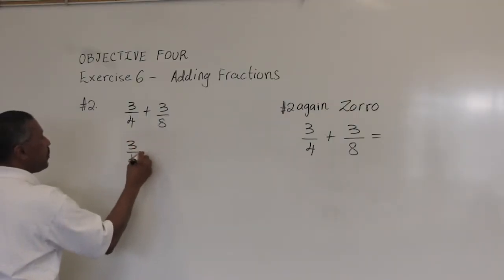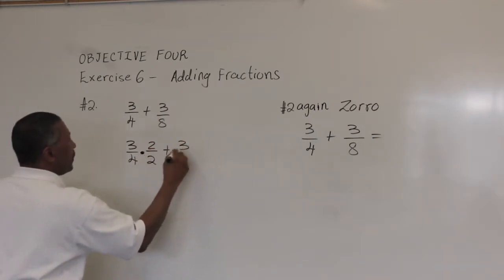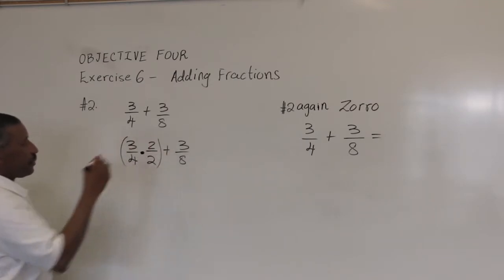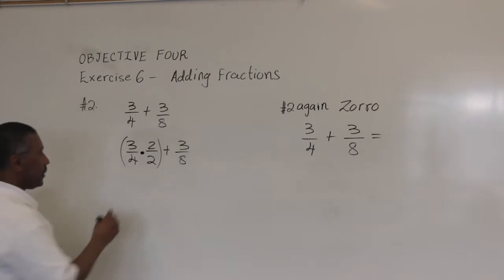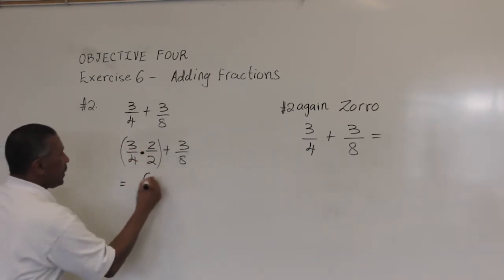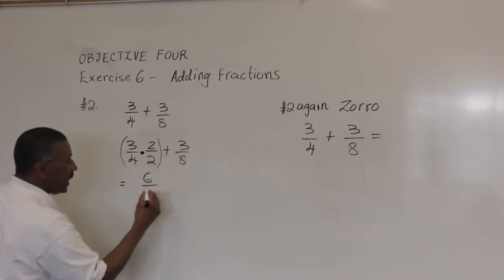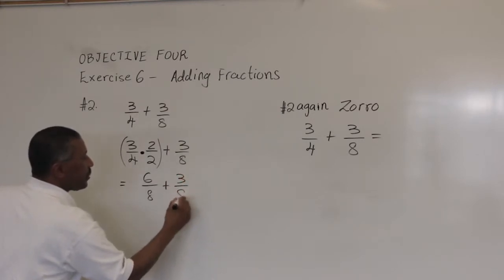If we were to multiply the top and bottom by 2, something interesting happens to this left-hand side term. So you multiply top and bottom, and what do you notice? Something happens. 3 times 2 across the top is 6, but across the bottom, 4 times 2 is 8, and we're going to add it to the original 3/8.